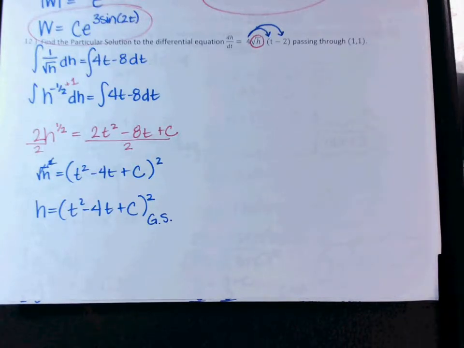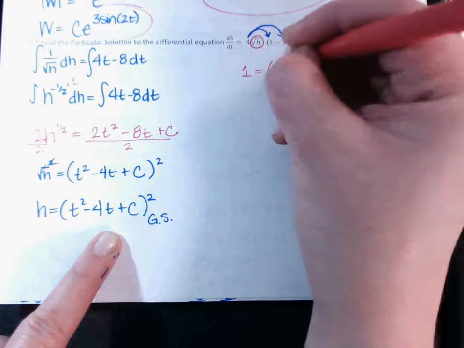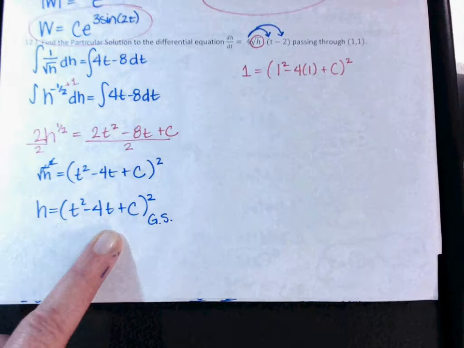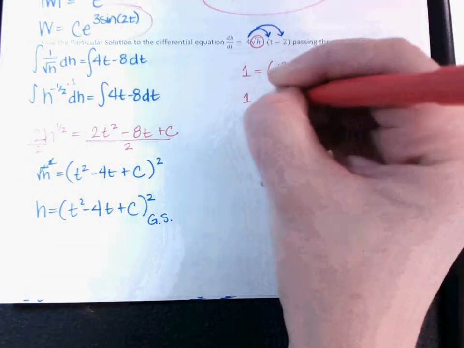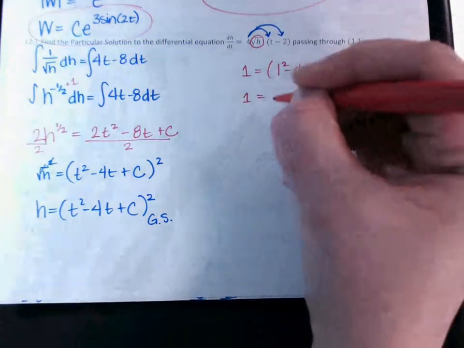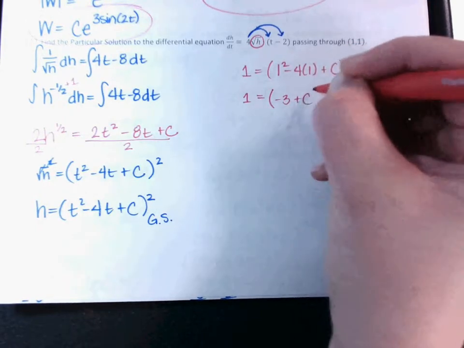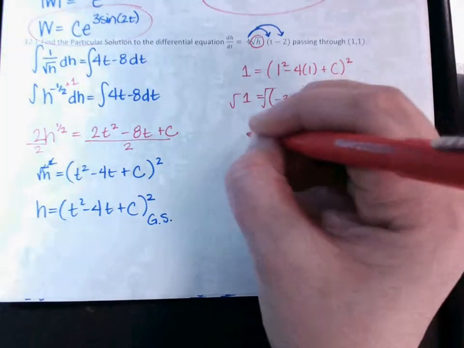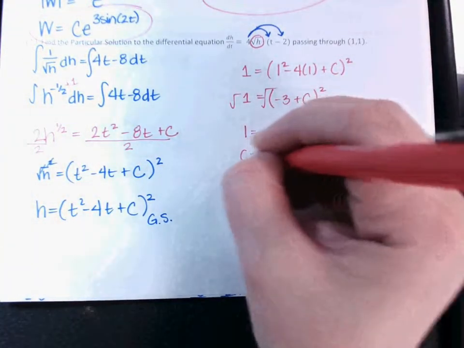So your point is 1, 1. So 1 is the answer when I plug in 1. Anybody got it? 4 is correct.